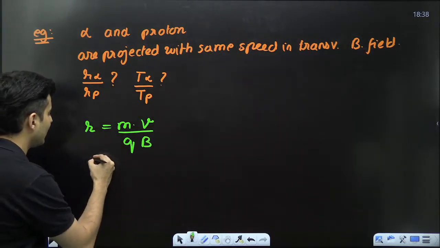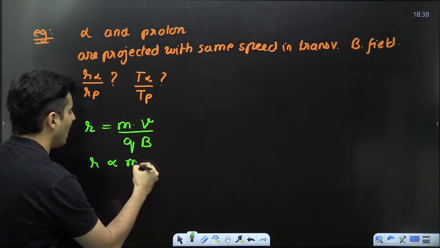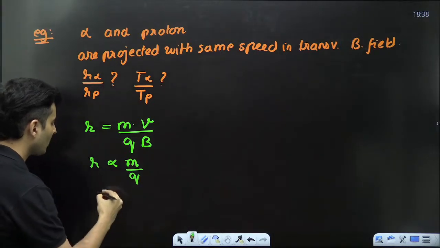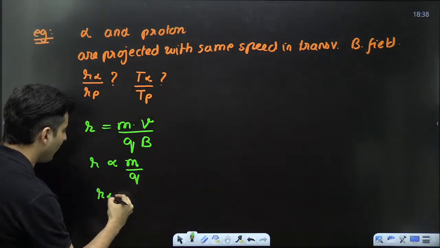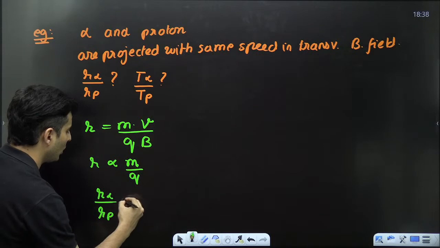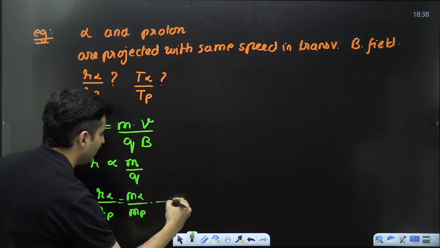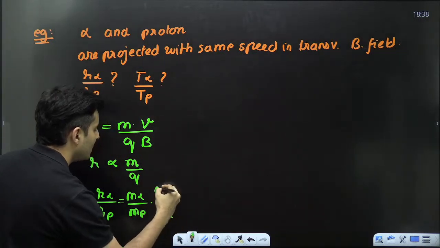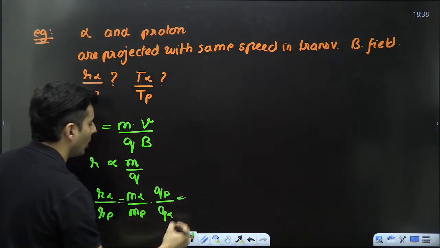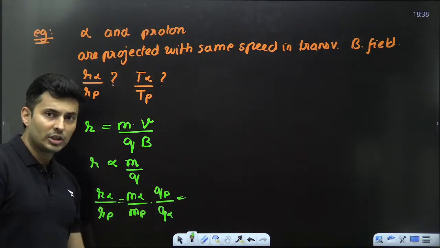So that means, can I say radius is directly proportional to mass divided by charge? So radius of alpha upon radius of proton will be mass of alpha by mass of proton, and charge of alpha will be below and charge of the proton will be on the top.